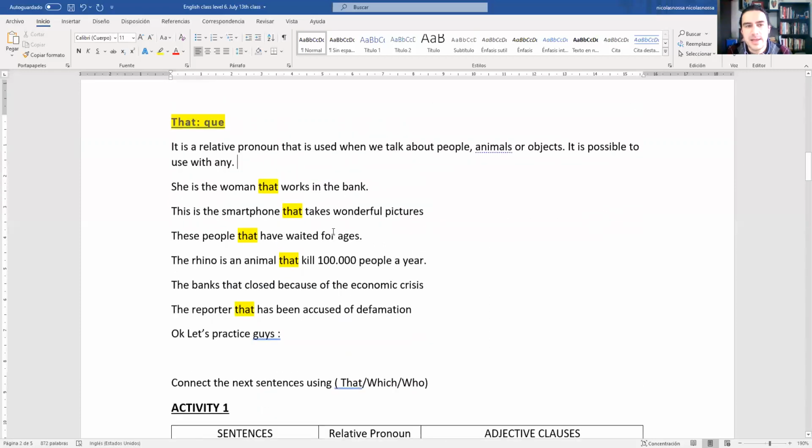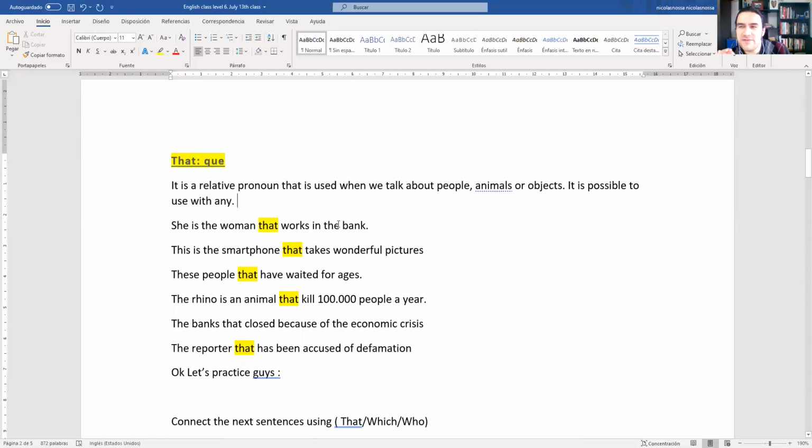Okay. There is a little bit of difference with which, especially when we talk about objects or things. Remember, with which we talk about objects or things or animals. So also that, but with which we give more information. With that, the information is short, not too long.